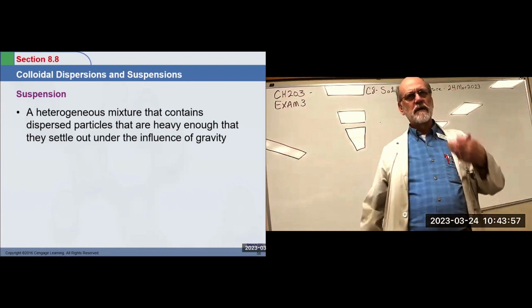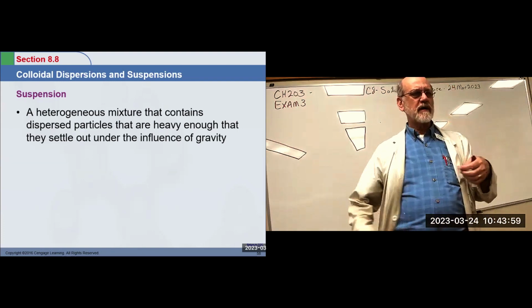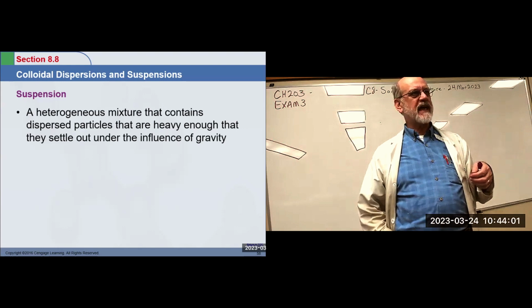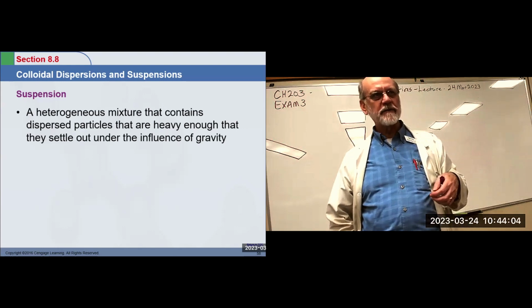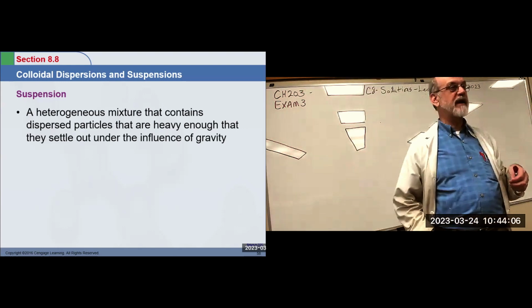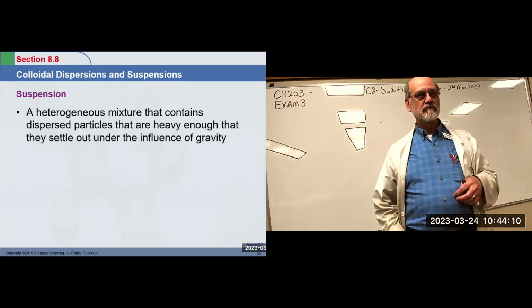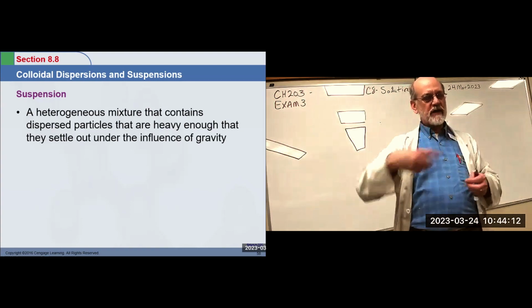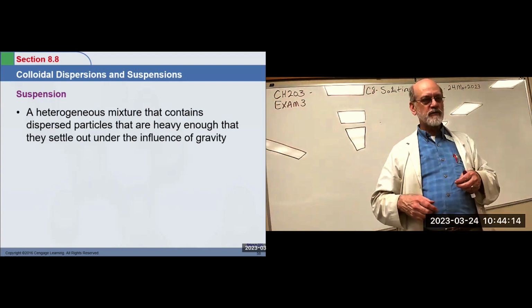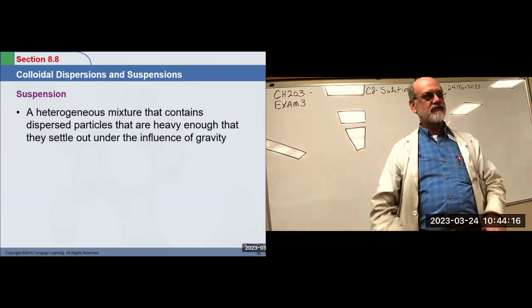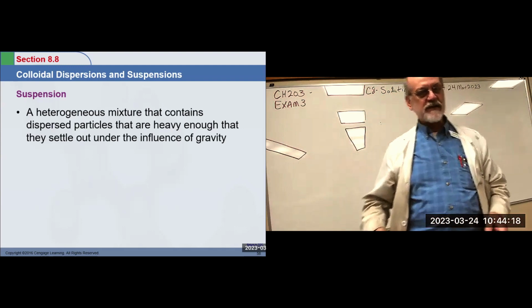Like when we were separating salt and sand in a previous experiment, right? Binary mixture. We stirred that stuff up in water, and you notice pretty quick that the sand just dropped right out. That's a suspension.